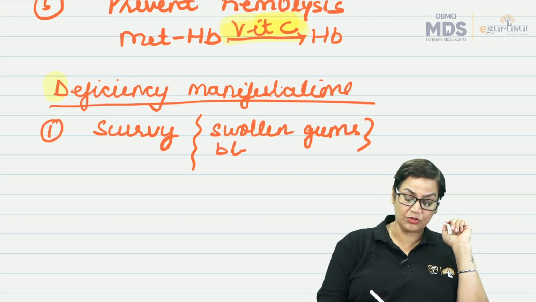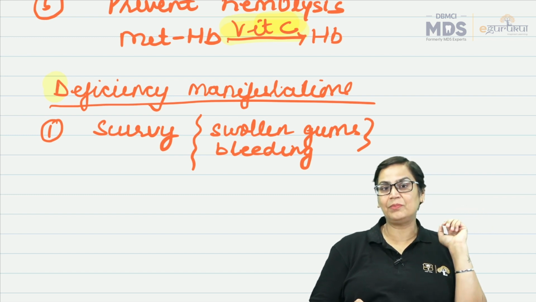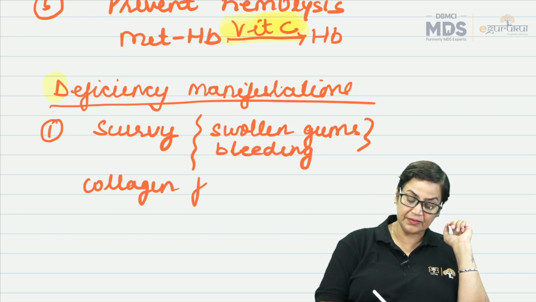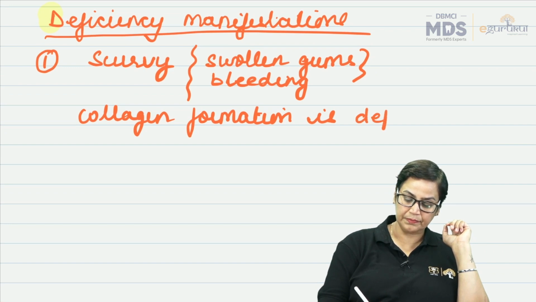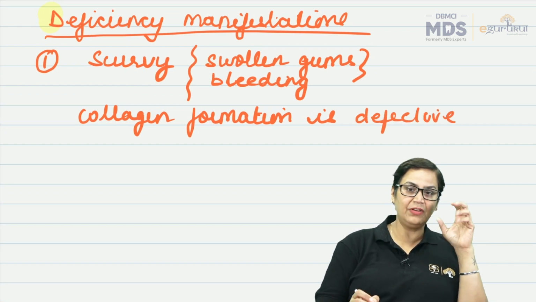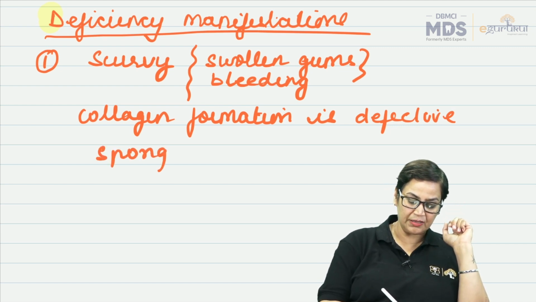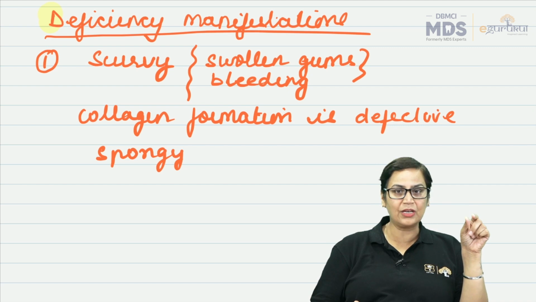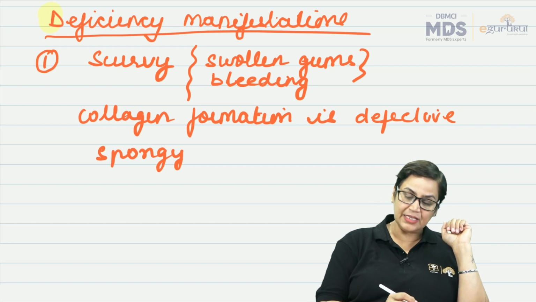They start bleeding also. Now, why do they start bleeding? Because collagen formation is defective there. Collagen formation is defective, leading to that sponginess. The gums become spongy, swollen, they start bleeding. Because collagen formation is defective, the tooth cannot remain in that socket, so it starts moving.